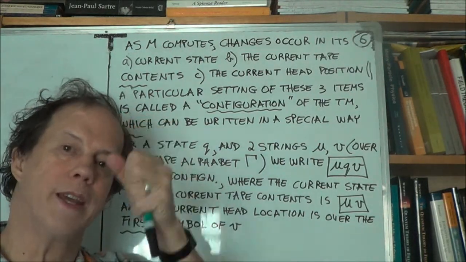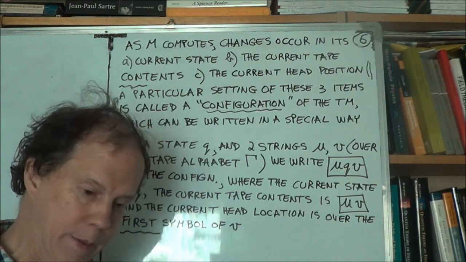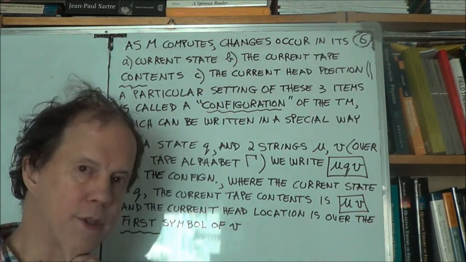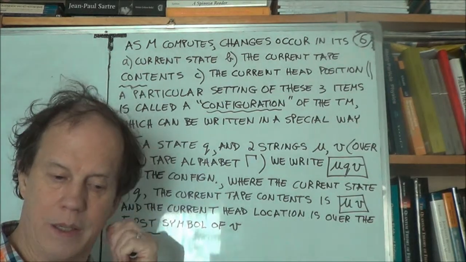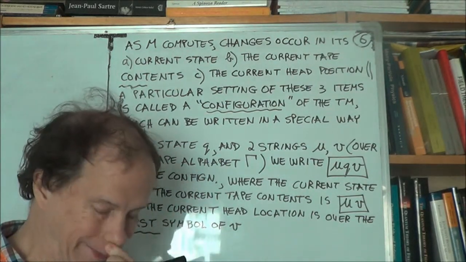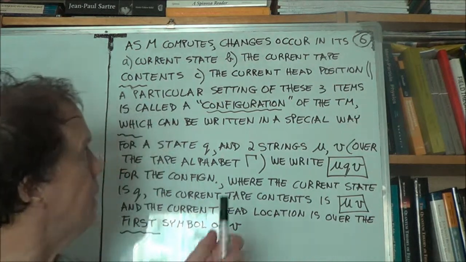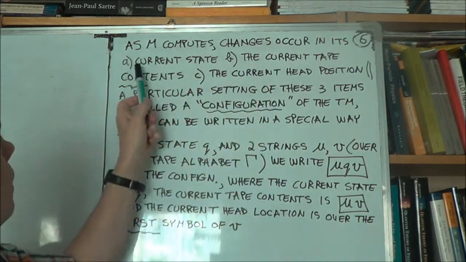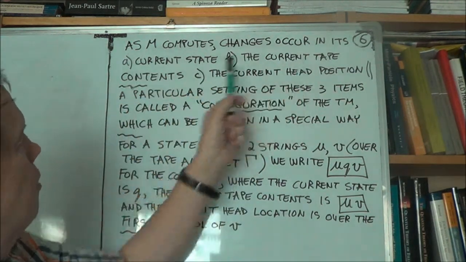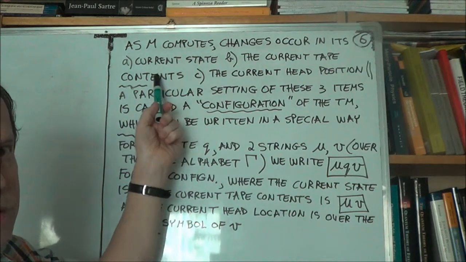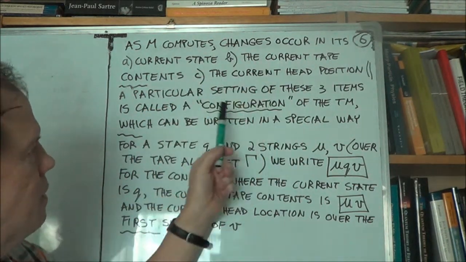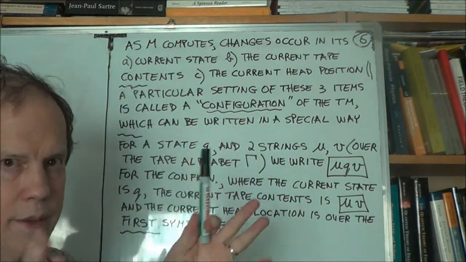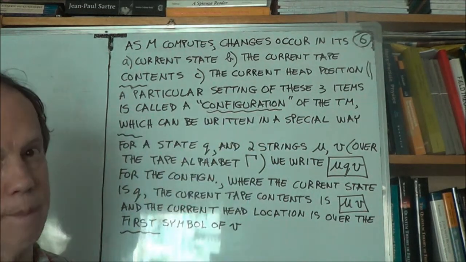You know, where is the head? So configuration consists of those three. Specifying the configuration means telling somebody what those three items are: the current state, the current tape contents, and the current head position. Those three things together are the configuration.